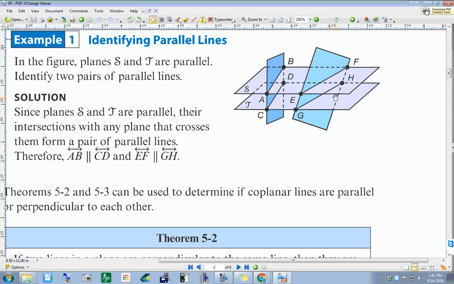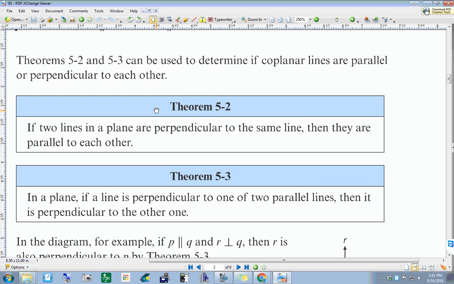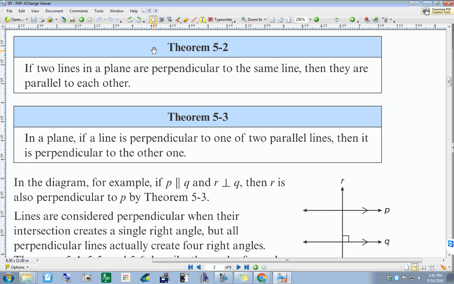Since these planes are parallel, lines EF and GH are parallel. This plane slices through here, so CD and AB are parallel. As time goes on, you'll be able to see them a lot quicker.